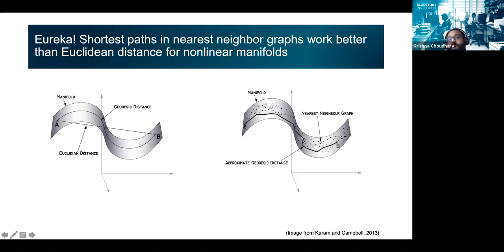And then we will measure the distance along the graph. So between any 2 points, what is their minimum distance? It is the shortest distance along the graph after we have built this nearest neighbor graph. And this shortest distance is a good approximation of the geodesic distance.